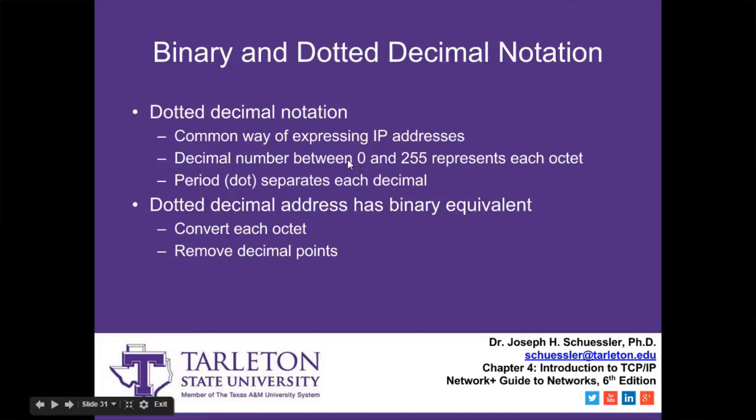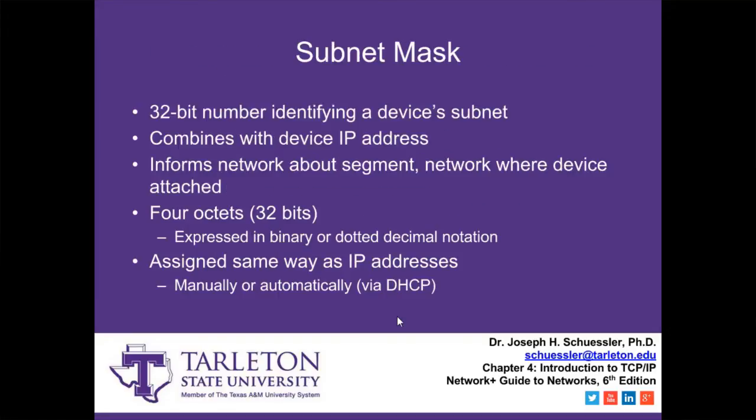If the binary numbers, all 8 bits, are set to 1, we end up with 255. So it actually gives us a representation of 256 values, 0 through 255 in decimal. Dotted decimal addresses have that binary equivalent. We convert each octet and remove the decimal points.